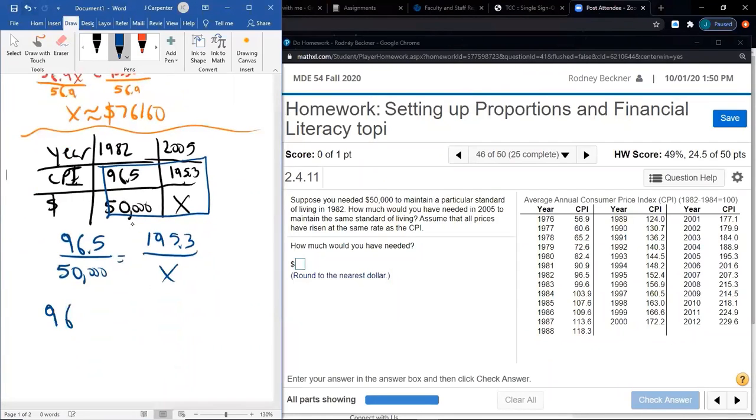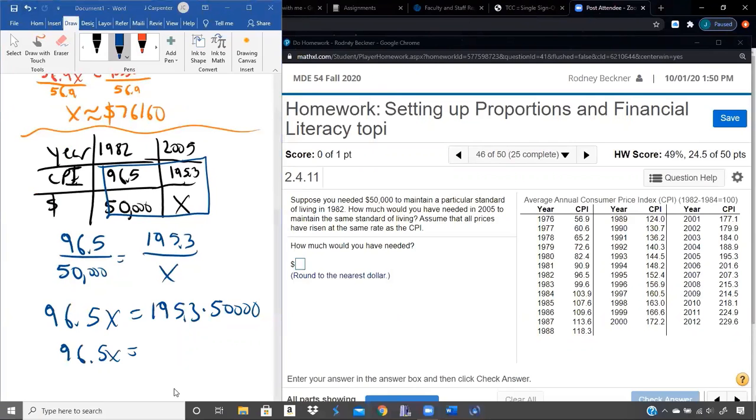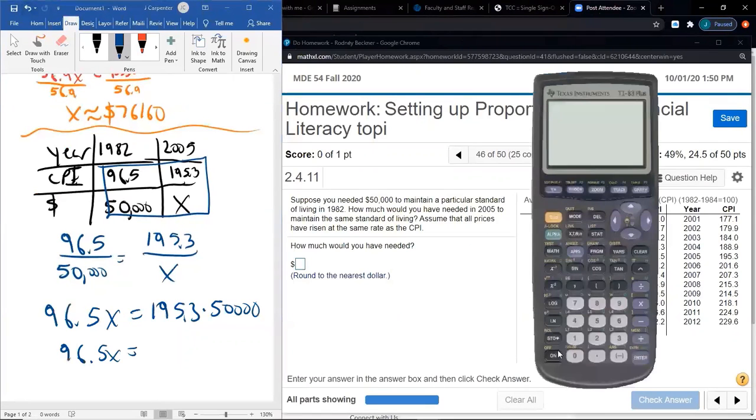Cross multiply. 96.5 times x is equal to 195.3 times 50,000. We're going to do that product on our calculator. No one's going to do that in their head except maybe me. 195.3. Let's double check our numbers. That looks good. Times 50,000. Correct number of zeros.